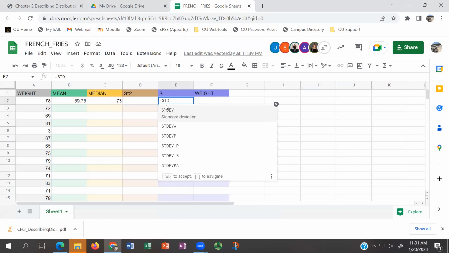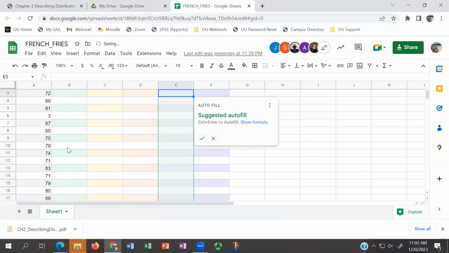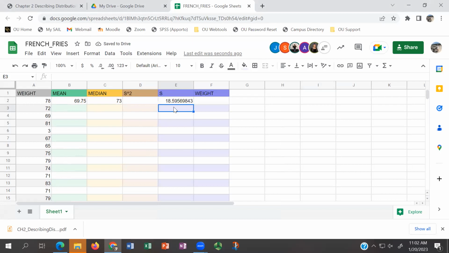As soon as you type in ST, it'll come out for you, so standard deviation, and then you highlight that data range right there. 18.5. What does 18.5 mean? The spread of the data set. So that means, on average, the weight of the French fry is 18.5 or 18.6 grams away from the mean.